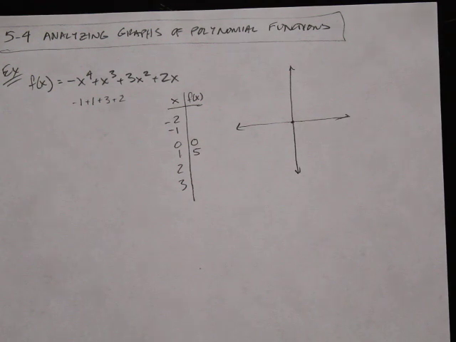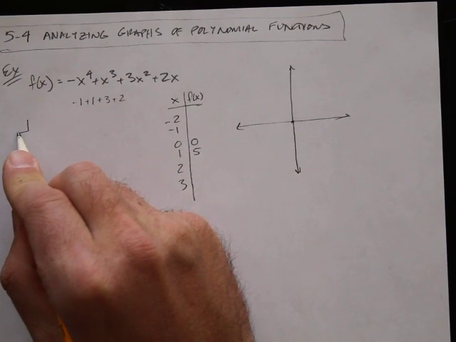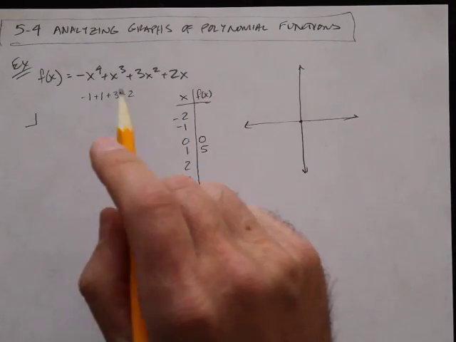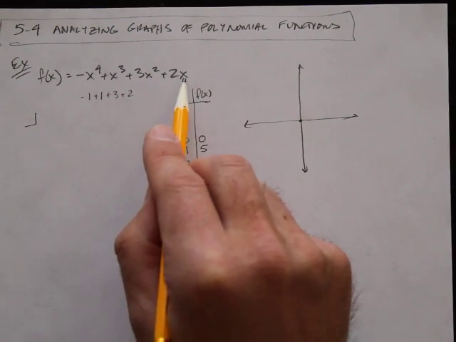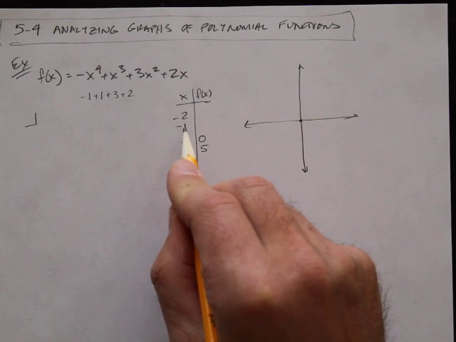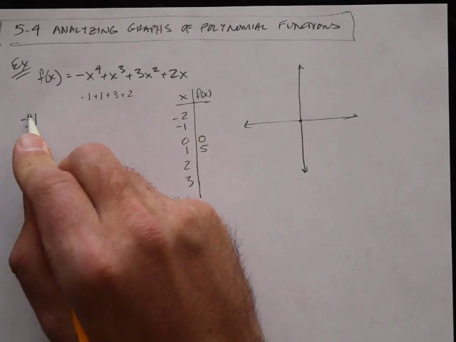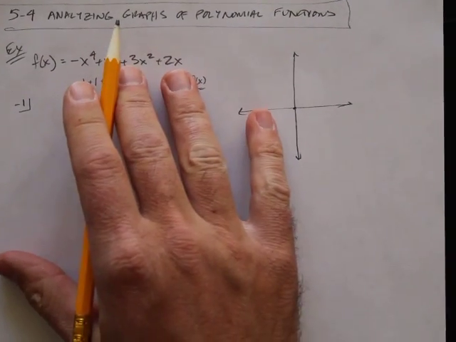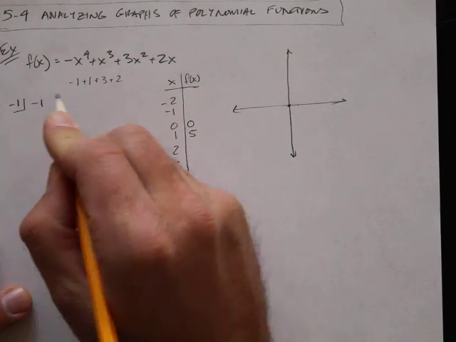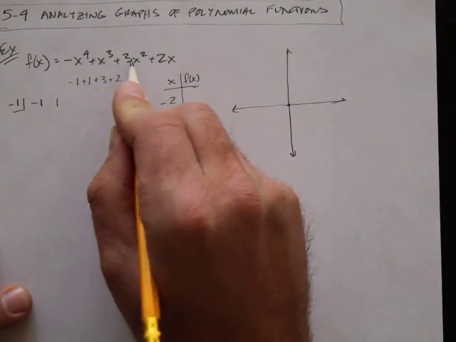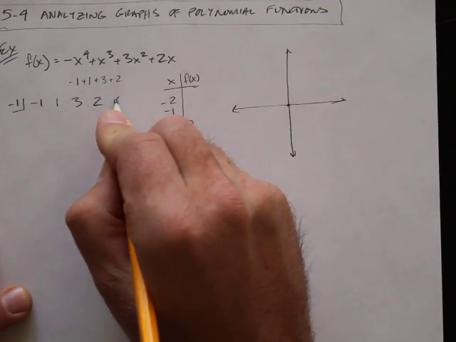Now, I'm going to show you a way to use something that we learned recently to use to our advantage here. So let's say -1. I want to plug -1 in here, but I don't really want to do all that work. So I'm going to put -1 in this box. Remember this box from just a few days ago? My leading coefficient here is -1. Then 1, 3, 2, and then I don't have a constant here, so I need to put 0 here at the end.